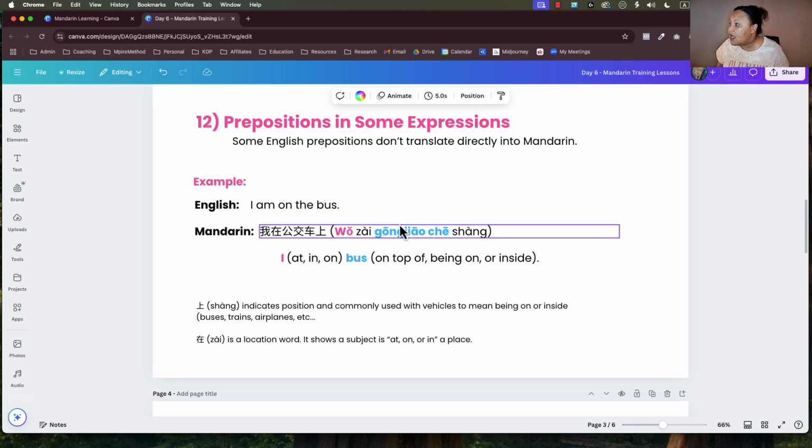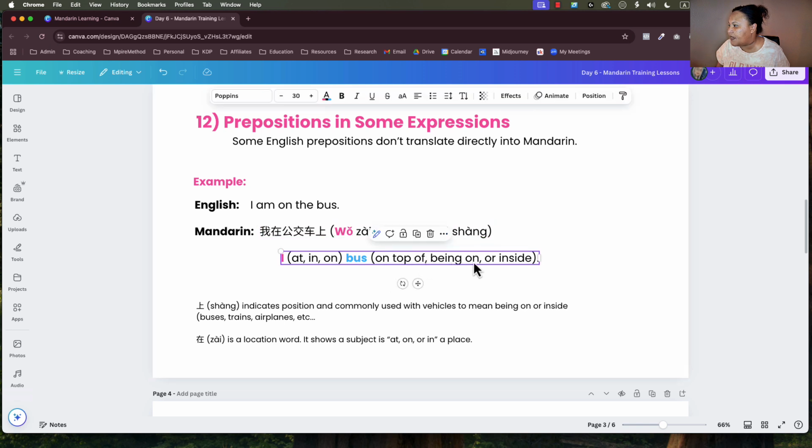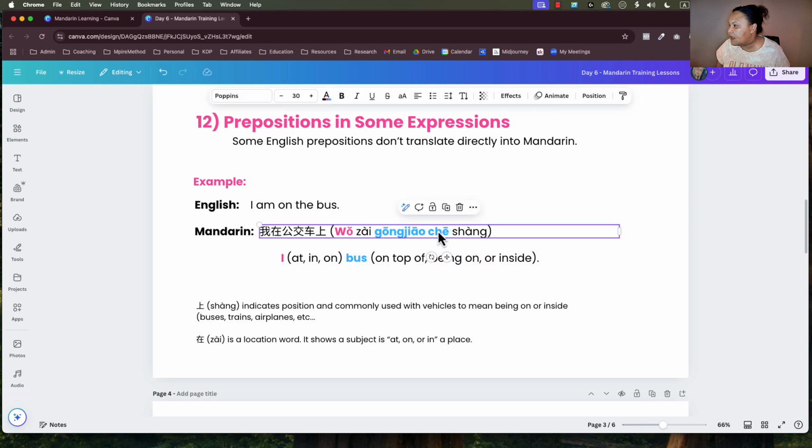And then this, you know what? All of this, that's why I got it blue. All of this is bus, right? Because we must be on the bus, on top of being on or inside. This is all a bus. So we know we're on a bus when we see this together.